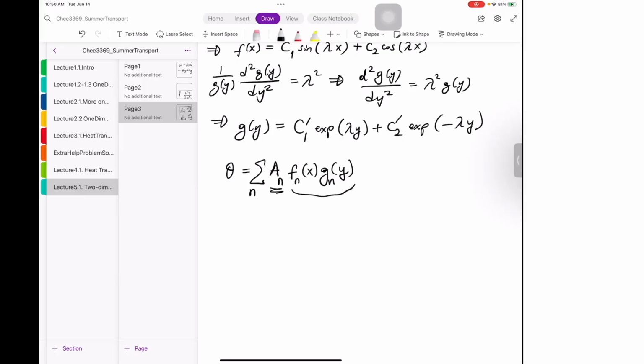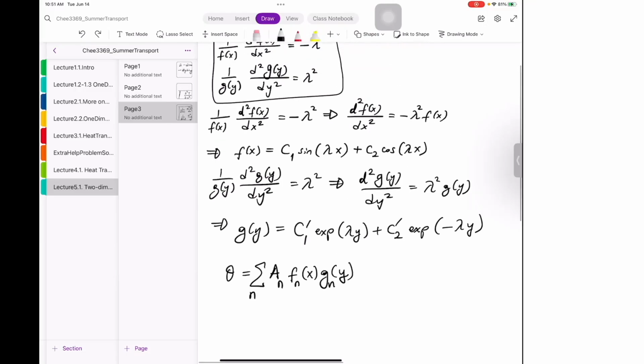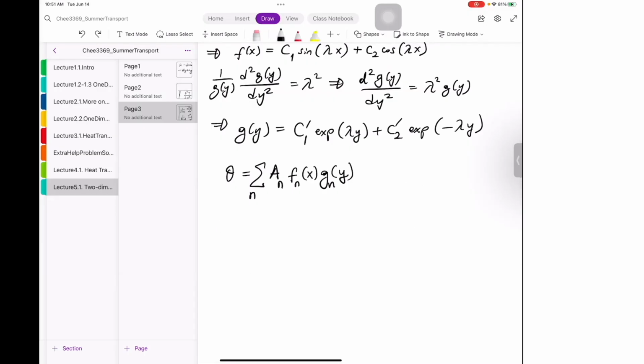But this is the most general form, because if you want to impose the boundary conditions, your naive f of x, g of y might not actually correctly capture the boundary conditions. Instead, we're going to assume that theta is in this form. But whatever we did so far is not trash, because if f of x and g of y solve the equations, then the sum of all those functions is also going to solve this equation.